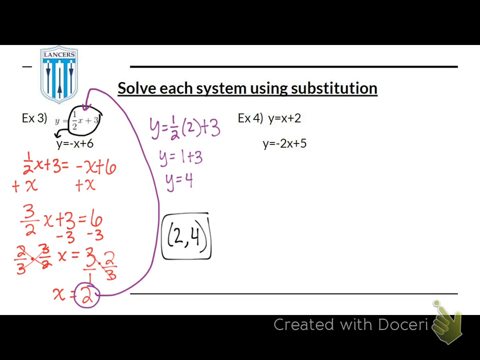Questions about example 3? All right. Example 4 is the same kind of thing. We are going to take this expression that y equals and plug it into y in the other equation.